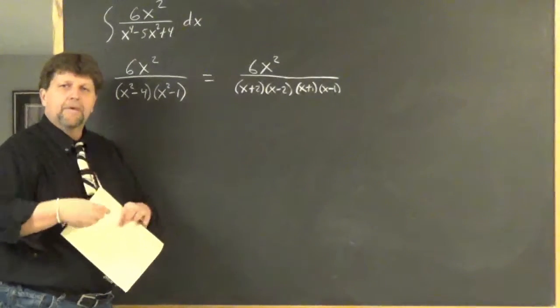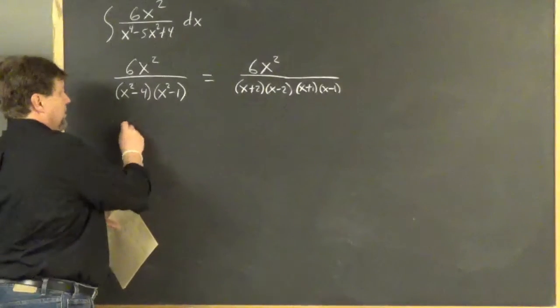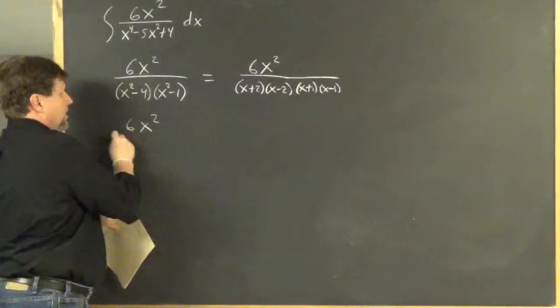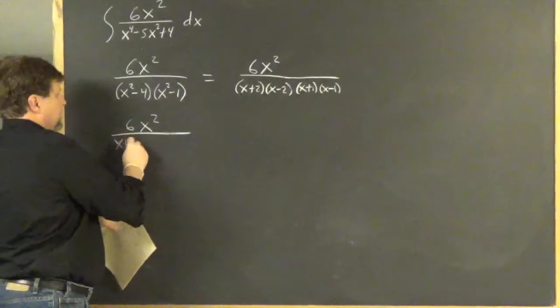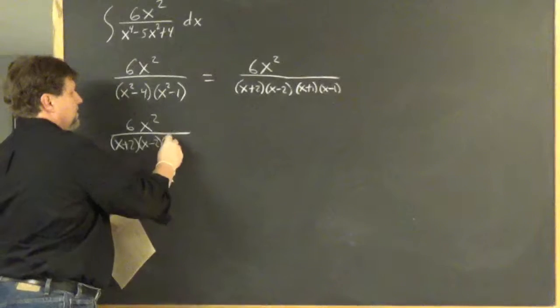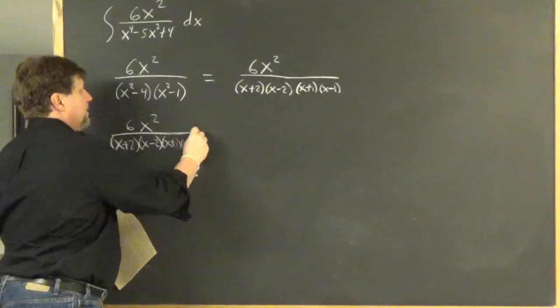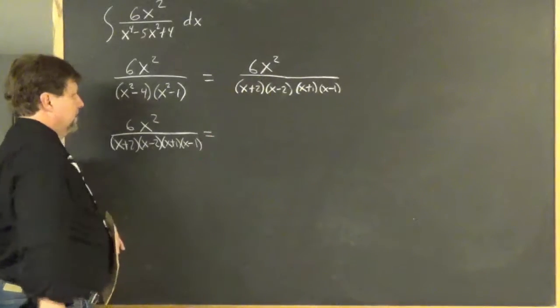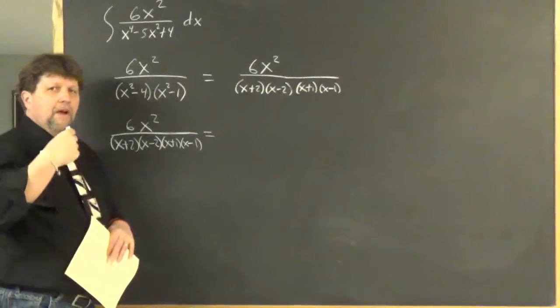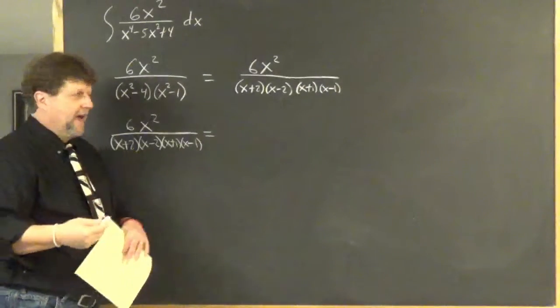So let me set it up to go through the process of partial fraction decomposition. We have 6x squared over x plus 2 times x minus 2 times x plus 1 times x minus 1. And I have to set up a fraction for each one of those distinct linear factors.